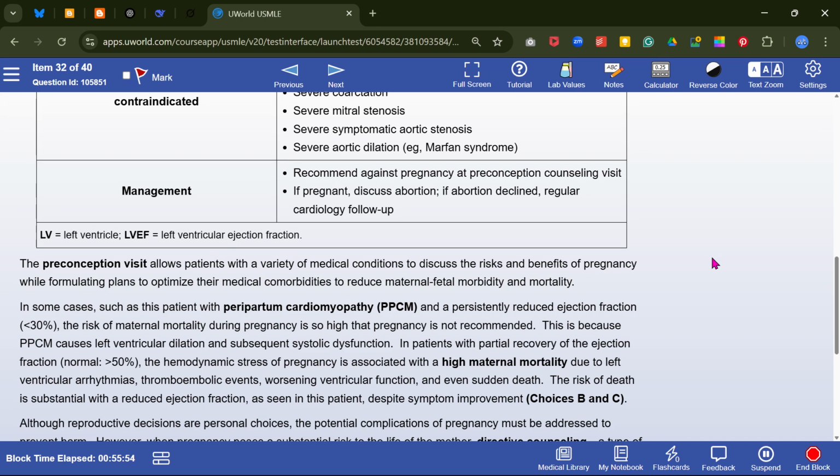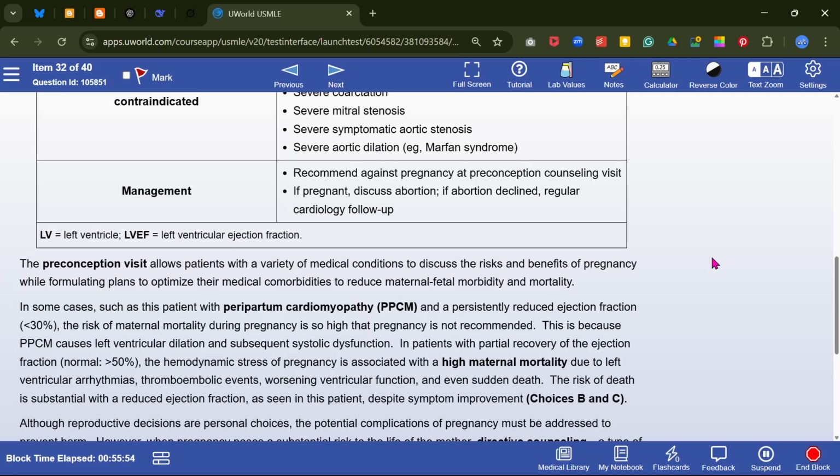In some cases, such as this patient with peripartum cardiomyopathy and a persistently reduced ejection fraction less than 30%, the risk of maternal mortality during pregnancy is so high that the pregnancy is not recommended. This is because peripartum cardiomyopathy causes left ventricular dilatation and subsequent systolic dysfunction, with partial recovery of the ejection fraction to normal, more than 50%.